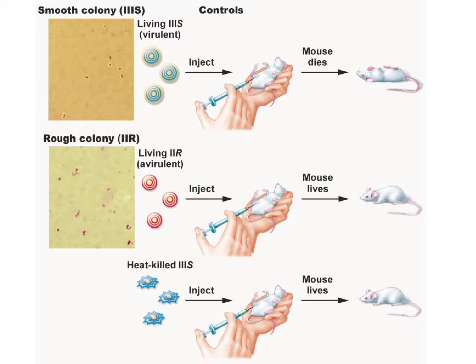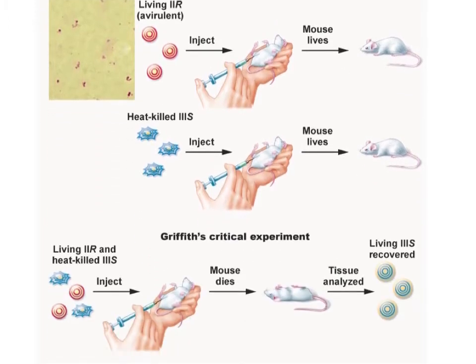So that pathogen needs to be living in order to infect and cause the death of that mouse. Now, the critical experiment that Griffith performed was combining living avirulent pathogens, the ones that don't kill, with some heat-killed virulent pathogen.